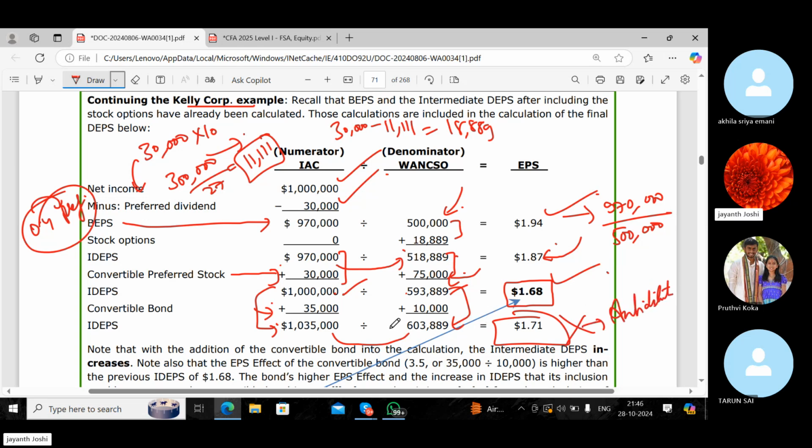Anti-dilutive is the case when, despite more shares increasing, the EPS is not getting diluted or decreased. That condition is anti-dilutive. This is where we have to stop. So our diluted EPS will be 1.68 as per the data. When the EPS stops diluting, that is the diluted EPS. We should not go beyond anti-dilutive.